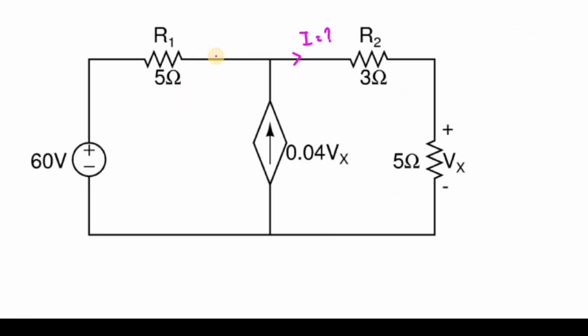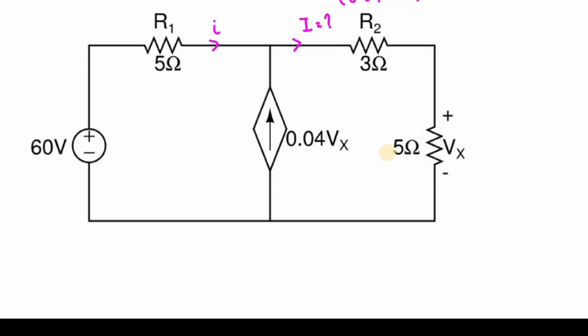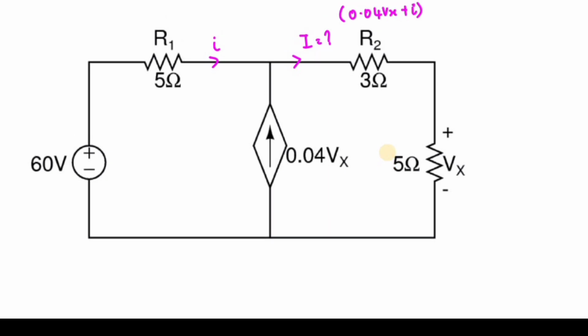So if the current flowing through this one is I, what is the current flowing through this one? This is nothing but 0.04 Vx plus I. This is my I. So what is my Vx? Vx is equal to 5 into (0.04 Vx plus I).